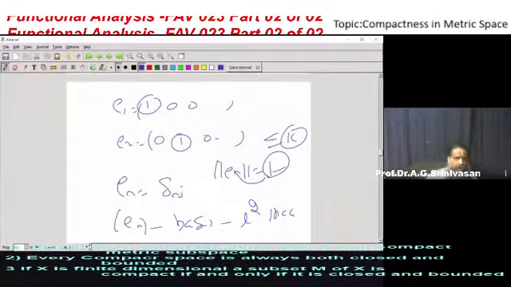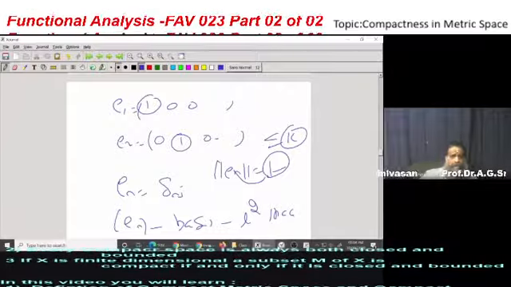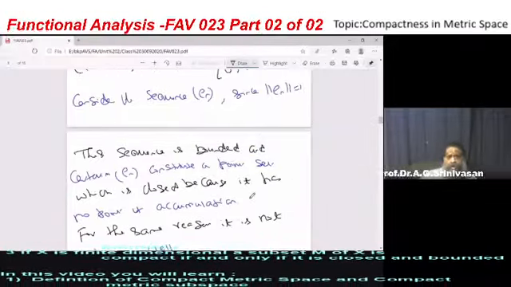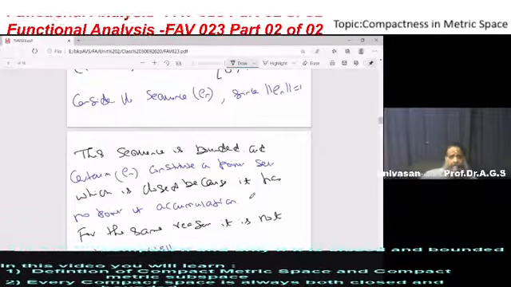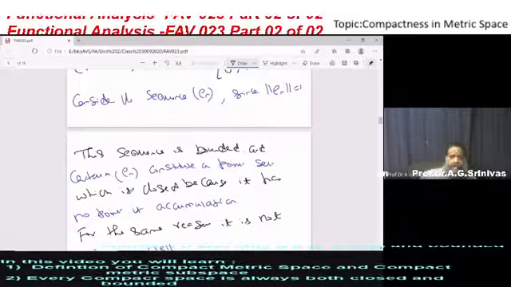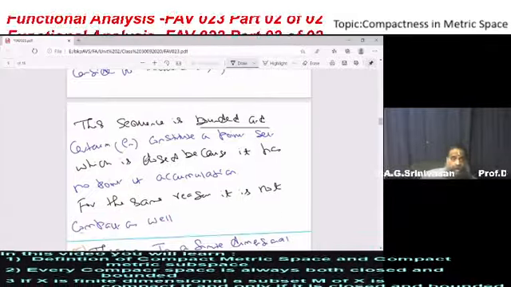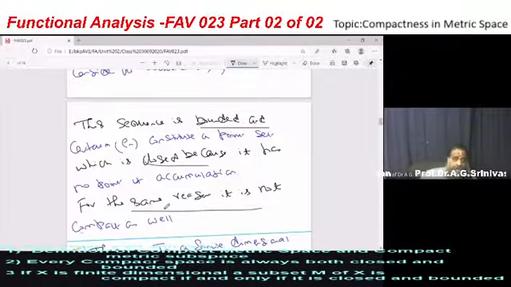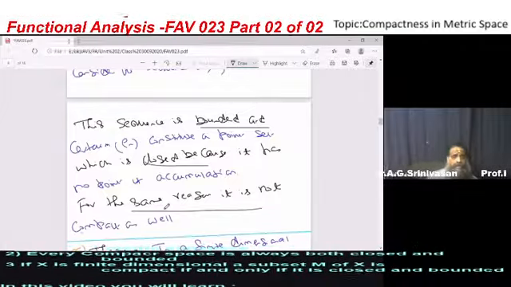So it is always bounded. It's always closed because it has no limit point. Recall the first unit, where we discussed limit points, accumulation points, closure, all that. So it is both bounded and closed, but for the same reason it can't be compact: if it has no accumulation point, it cannot have a convergent sequence.